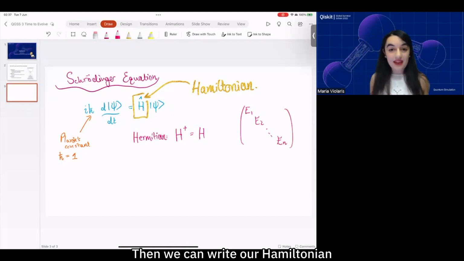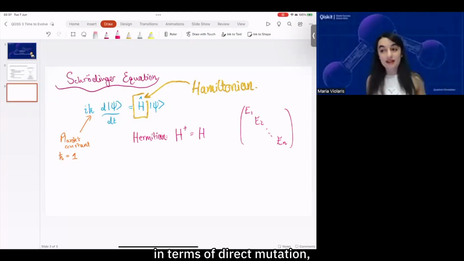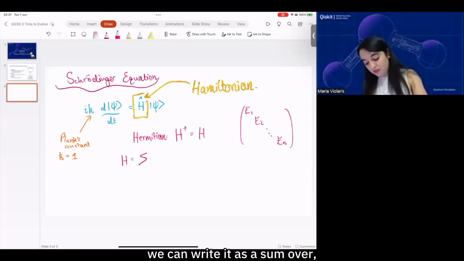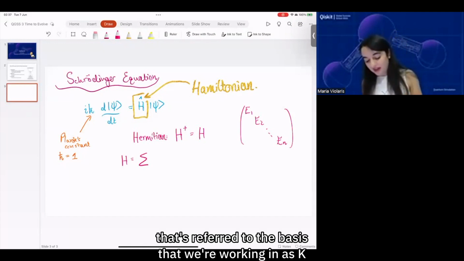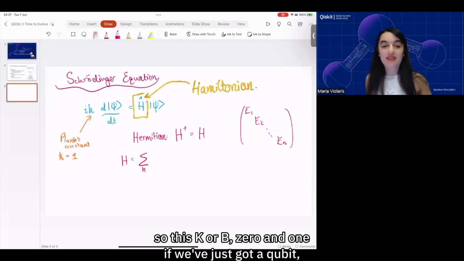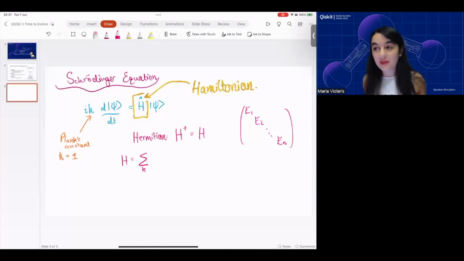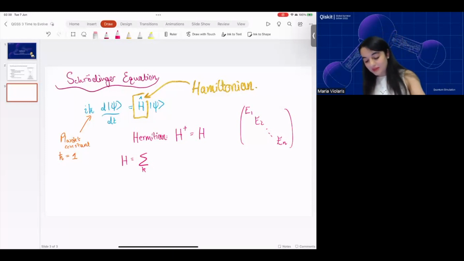Then we can write our Hamiltonian in terms of Dirac notation. We can write it as a sum over, let's refer to the basis that we're working in as k. So this k will be 0 and 1 if we've just got a qubit, but it will be more if we've got more basis states.